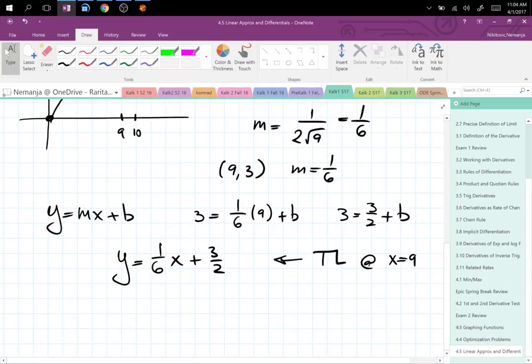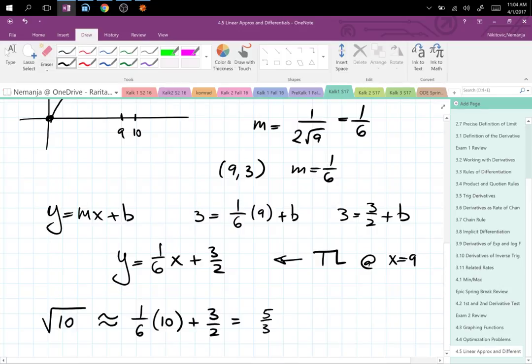I'm going to use this to compute. So the square root of 10 is going to be approximated by plugging in 10 into the tangent line. So that's 10 over 6, which is 5 thirds, plus 3 halves.